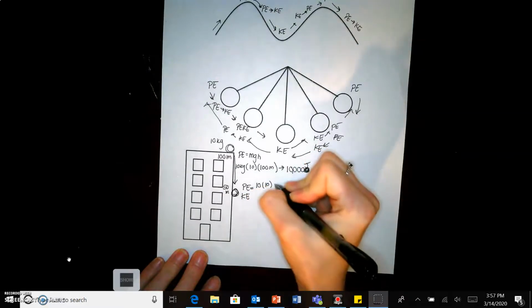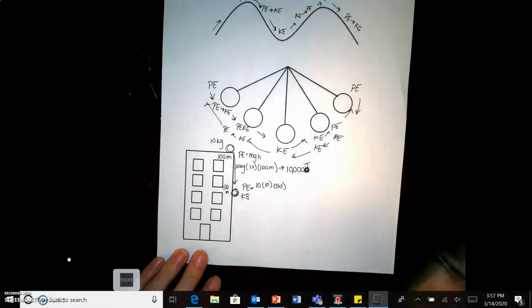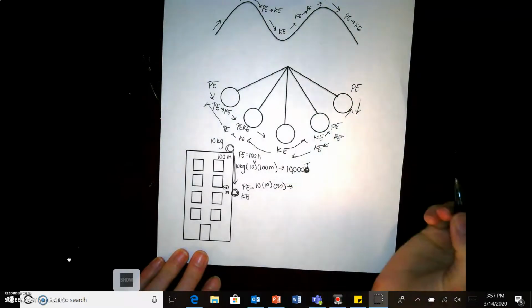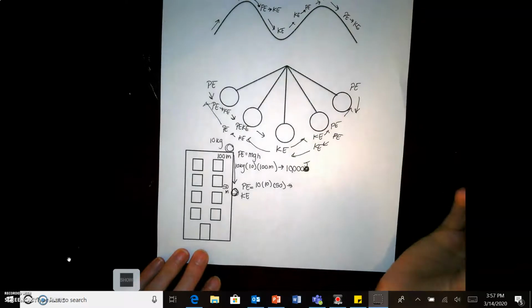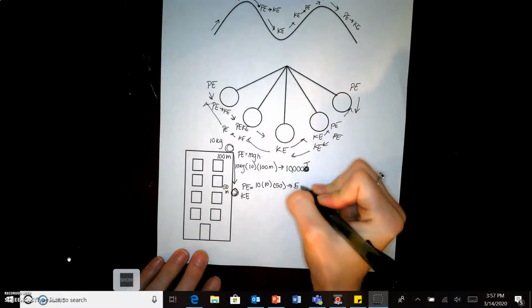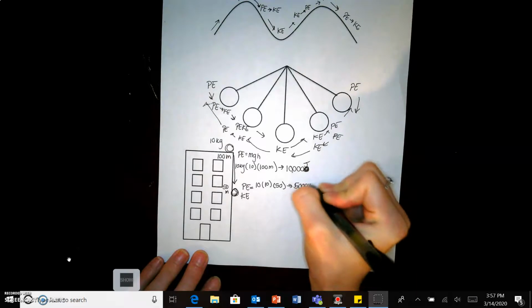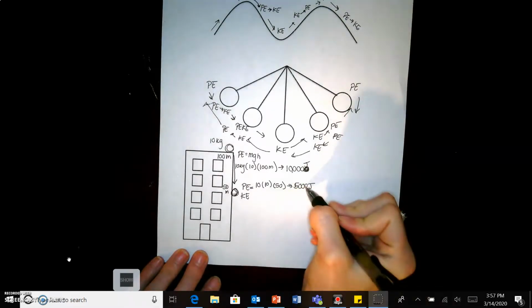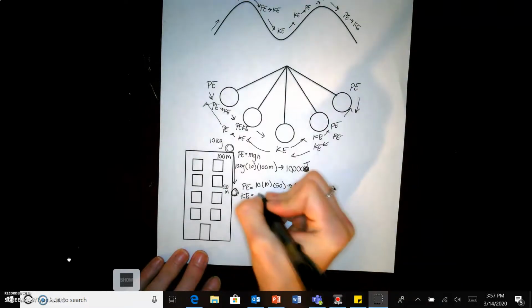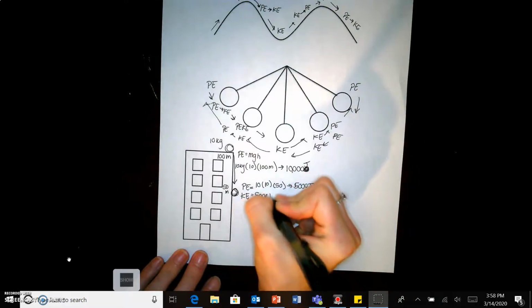And then the height now is only 50. So in order to get that, we're going to multiply 10 times 10 to get 100, 100 times 50 to get 5,000 joules.